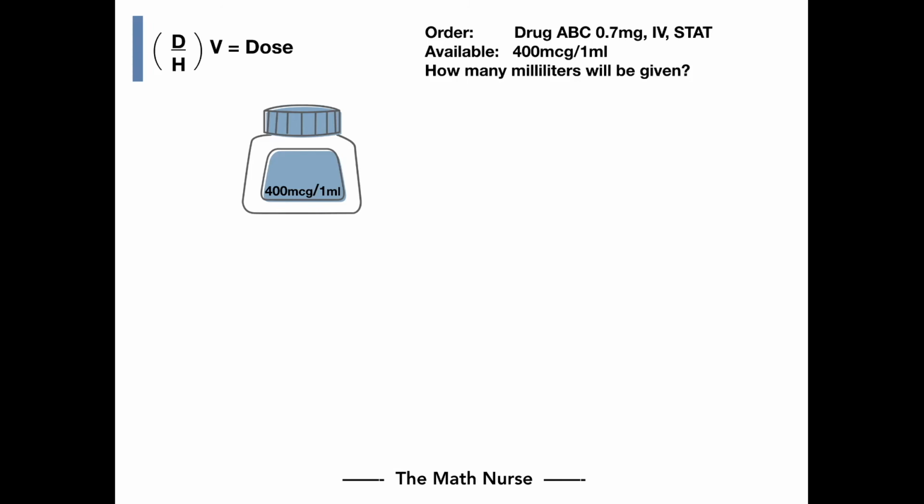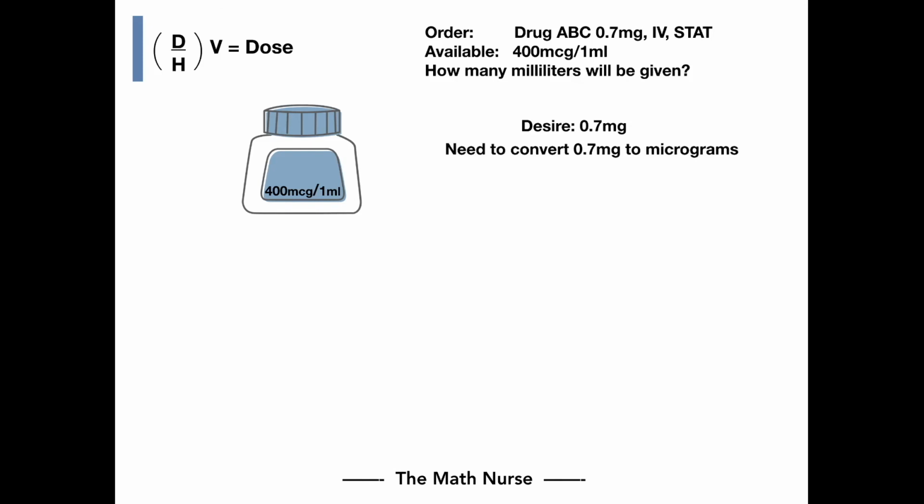Again, we have to do a conversion here. All right, so we've got 0.7 milligrams is what we need to give our patient, but we have 400 micrograms. So because we have micrograms, and that's what I'm physically going to give the patient, I'm going to convert my order to micrograms. So my desire is 0.7 milligrams.